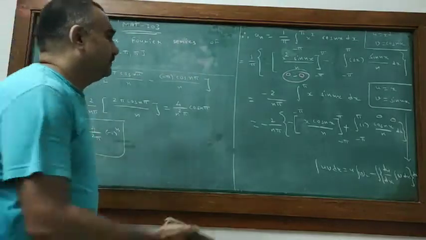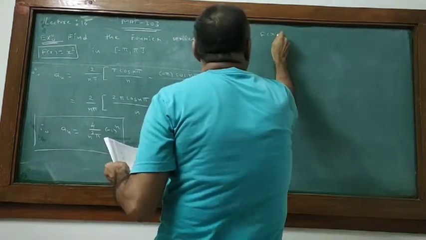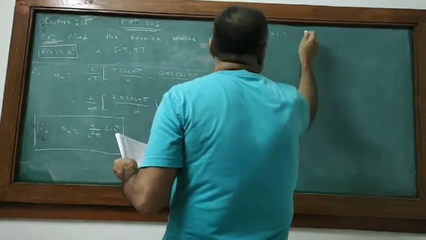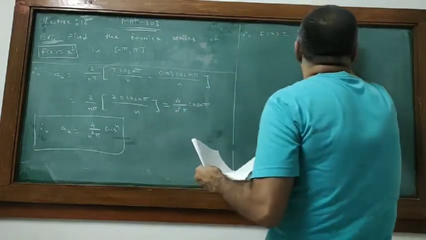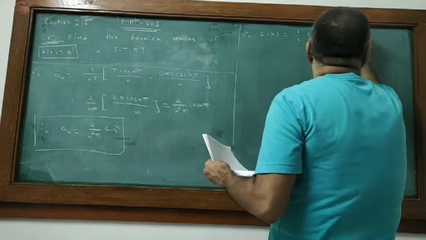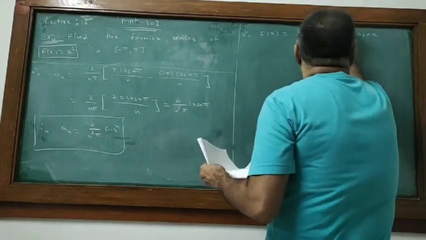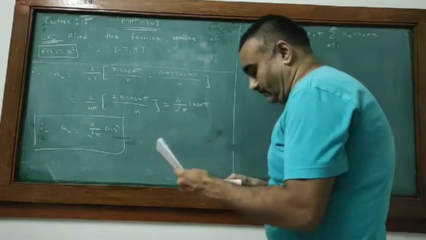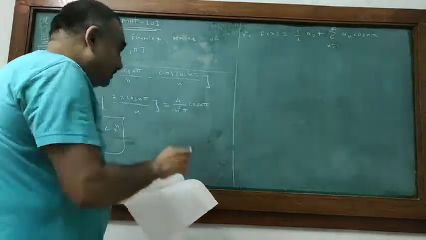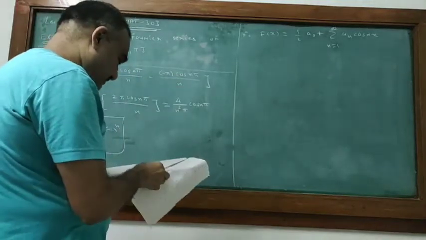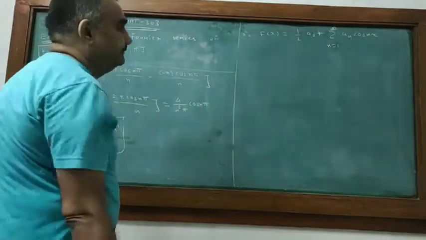And therefore f(x) equal to 1 by 2 a0 plus sigma an cos nx, n running from 1 to infinity. This formula you can find there in the 6th of Fourier series.